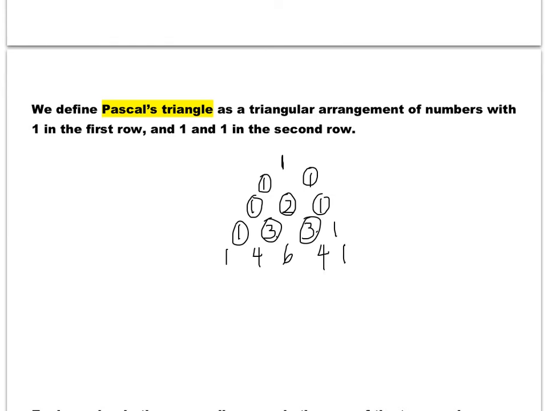Now in a Pascal triangle, the first row is denoted with number 0. The next row is number 1. The row after that is 2, 3, and 4. And the column starts with 0. So this is column 0 on row 0. This is column 0 again, and this is column 1.